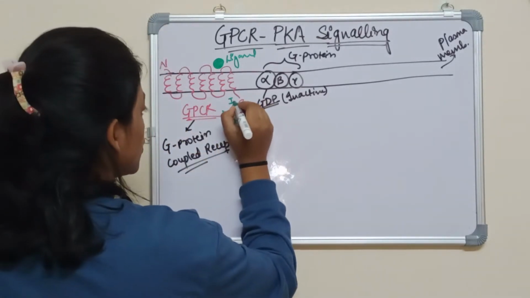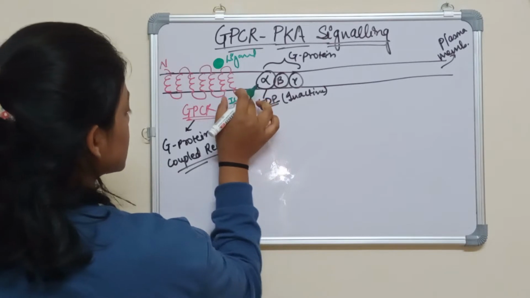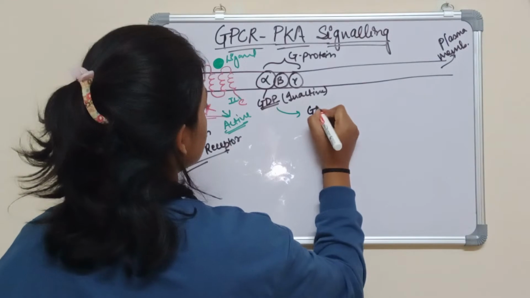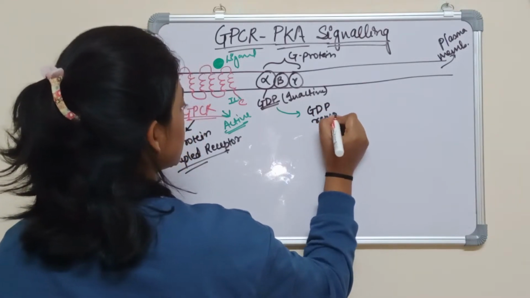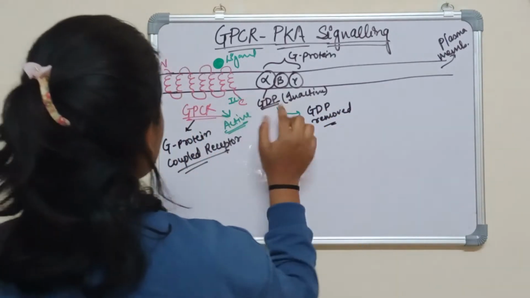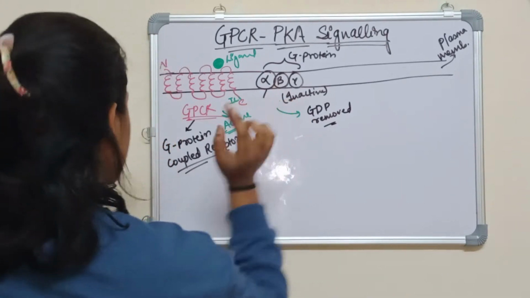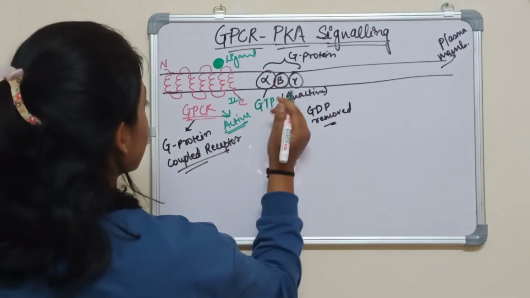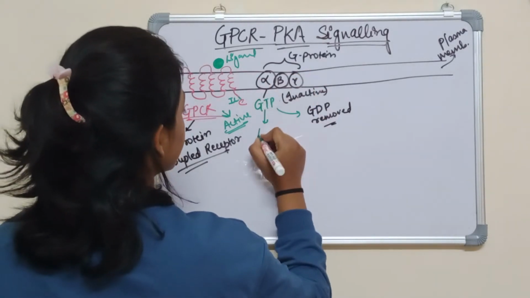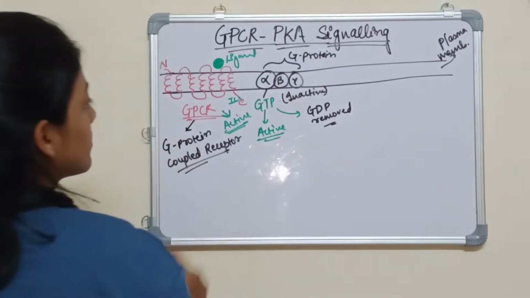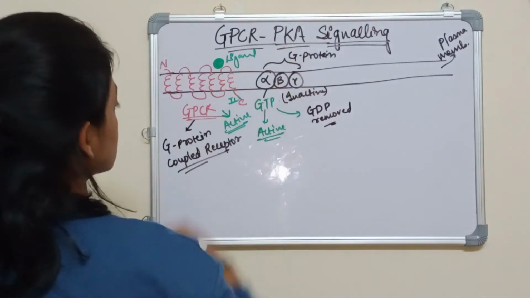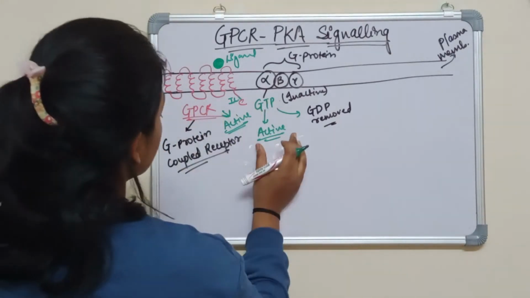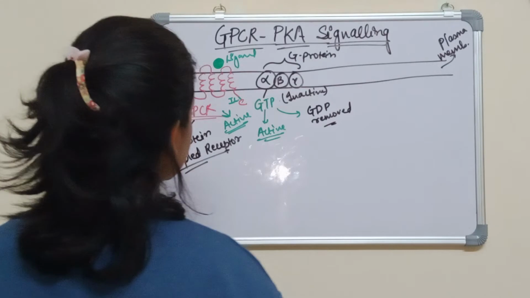The intracellular loop will remove the GDP and add GTP to it. It was inactive when GDP was bound, but once the GDP is removed and a GTP is added by GPCR, it will become active.